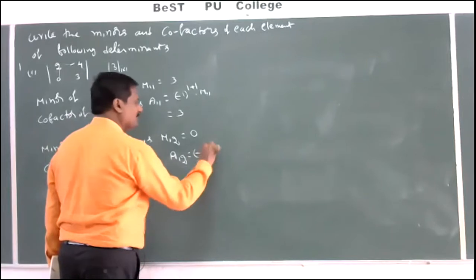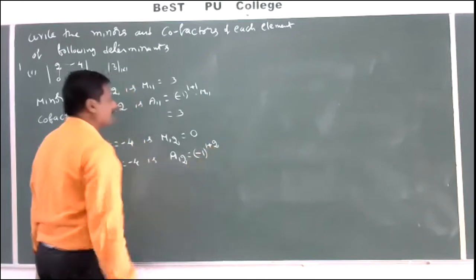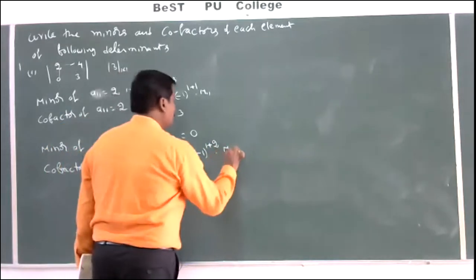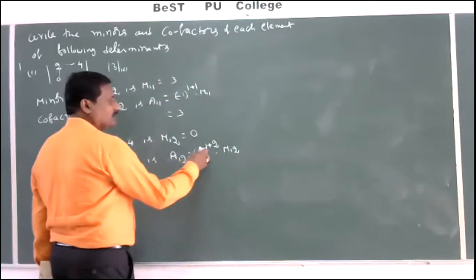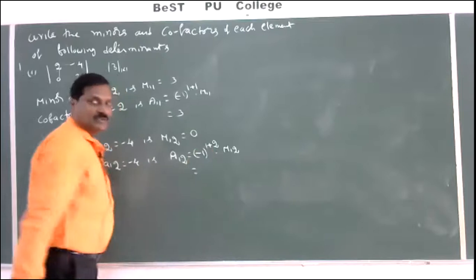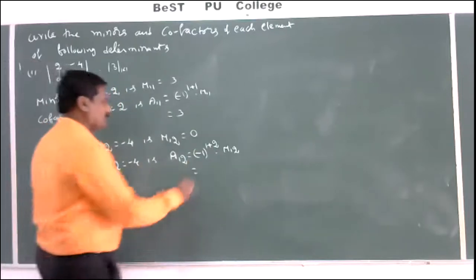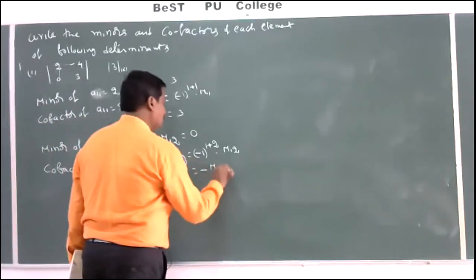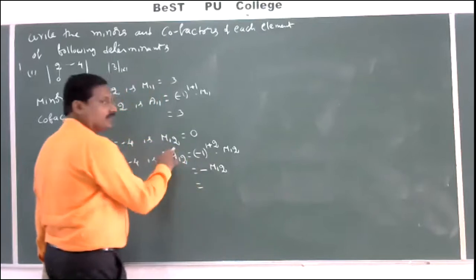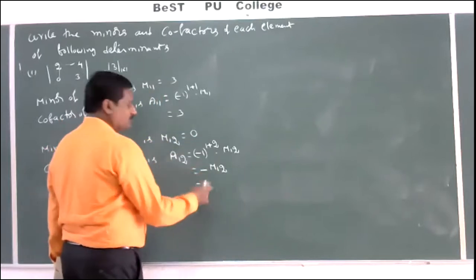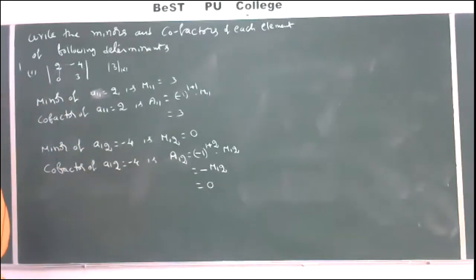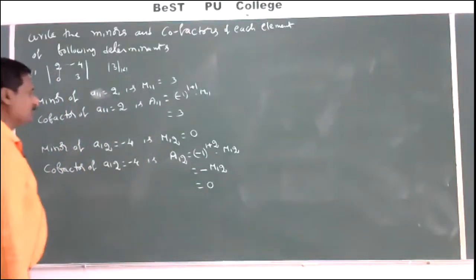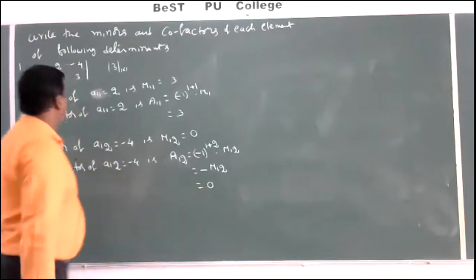This is equal to (-1) to the power of 1 plus 2 into M12. That is (-1) cubed, that is minus M12. Here minus M12 is nothing but minus 0. Minus 0 means the value is 0 only. The cofactor of a12, capital A12, has the value 0.